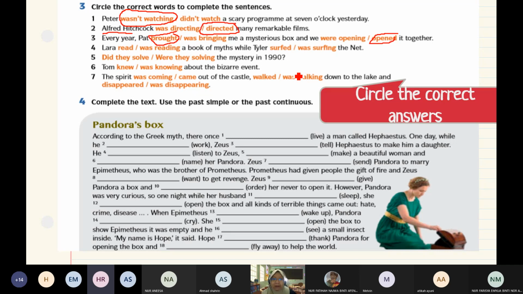Bear in mind, for past continuous tense, you have to put was or were first plus verb-ing, depending on the subject in that sentence. Is everyone clear with the homework? Yes. All right.